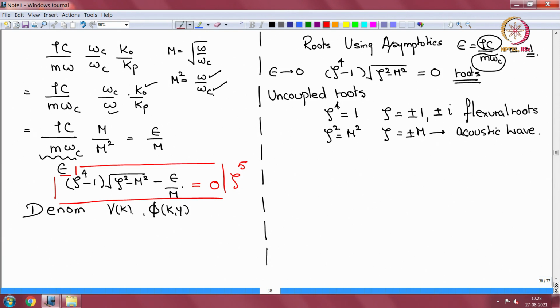That means what is asymptotics doing? I am taking the unperturbed roots, that means I am taking the uncoupled roots. The same logic: I know the roots to this part and the equation is perturbed by a small quantity, therefore the unperturbed or uncoupled roots must also be perturbed in a small manner, to a small extent.